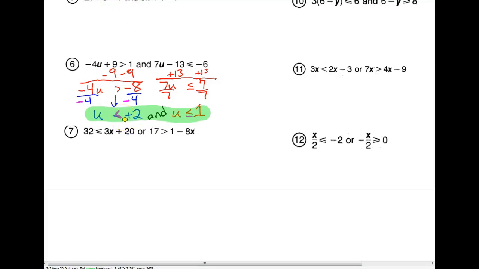So this is a good time, if you're not sure what the answer is and how to graph that, to go back to the section of your notes that's the and examples, and look at the example where they're both going the same direction, and review that and say, okay, here are the numbers in that example. My numbers are +2 and +1. How would I get my answer? Right? By using that example. So that's how you use your notes.